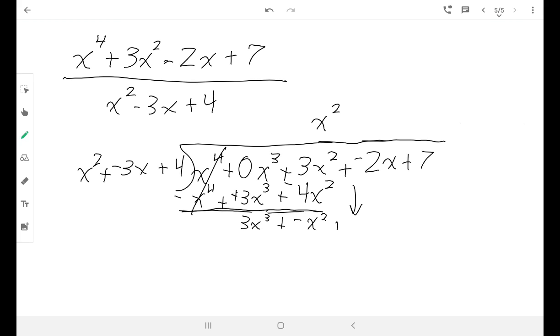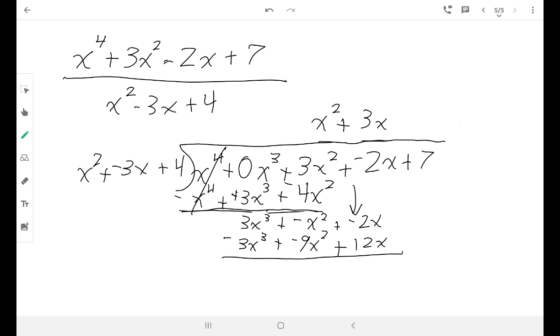Okay, and then I need to bring down the plus negative 2x, put a plus, start the game over. Now I need to make 3x cubed. I'm going to multiply by 3x to make that happen. So that'll be 3x cubed plus negative 9x squared plus 12x.